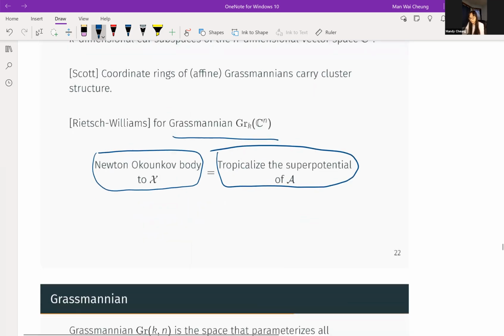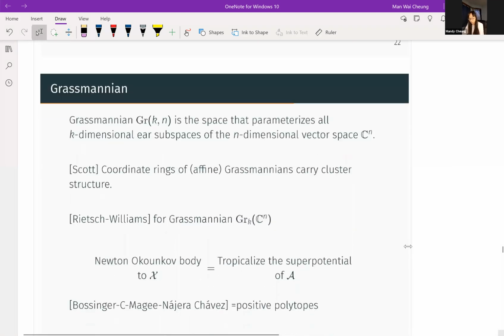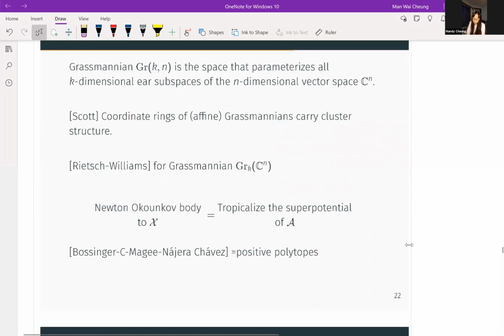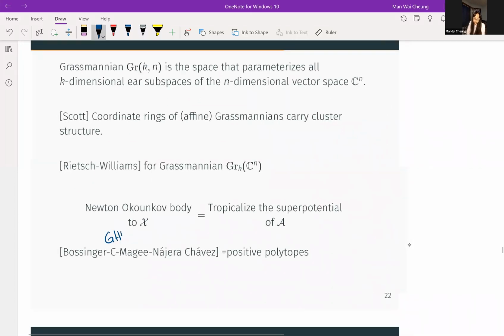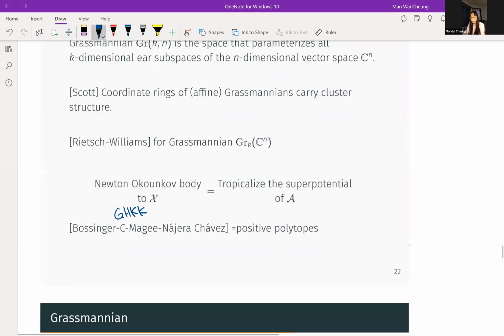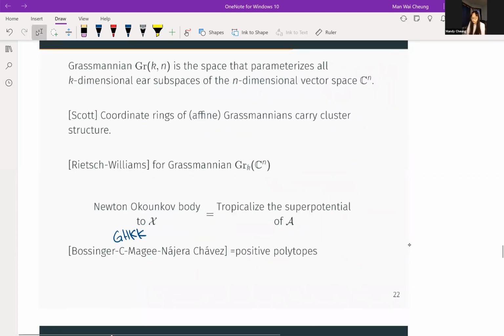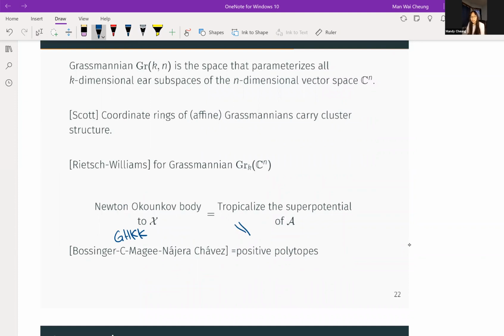And here maybe I should say, with Gross, Hacking, Keel, you can immediately tell, but here you might want to have some p-star map. And actually the two polytopes in our sense, in this scattering diagram, are just positive polytopes. That is, using the theorem, they are just broken line convex polytopes.